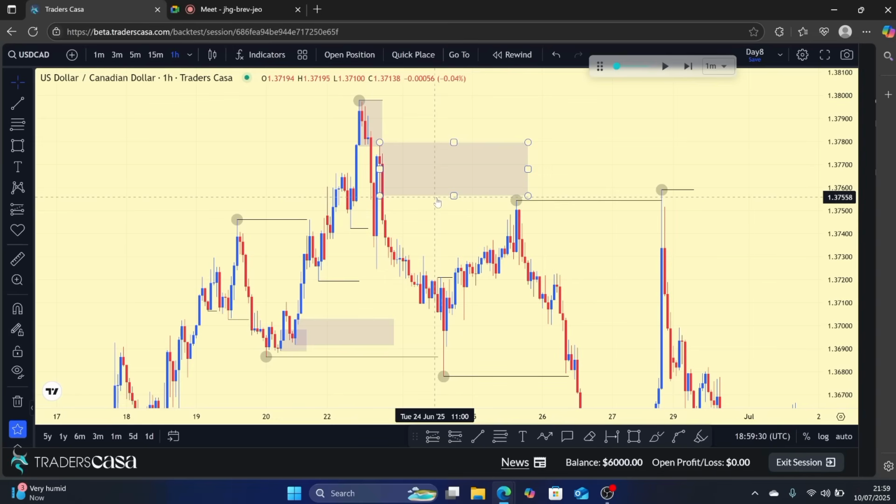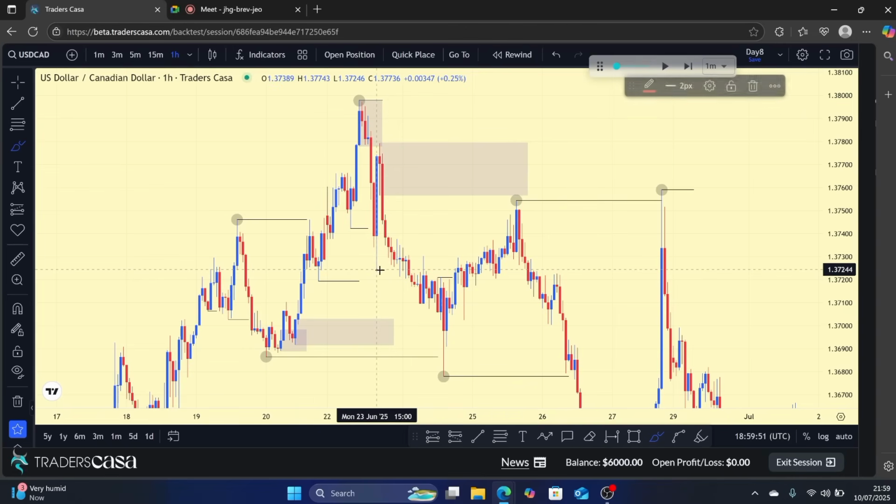So exactly right here, this is the extreme POI, and if we want to identify the engineering liquidity, we need to identify the valid pullback that is right before this extreme unmitigated POI. If I check, I can clearly see that the break was here.